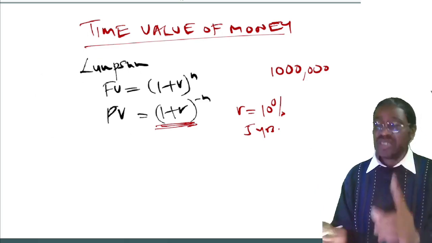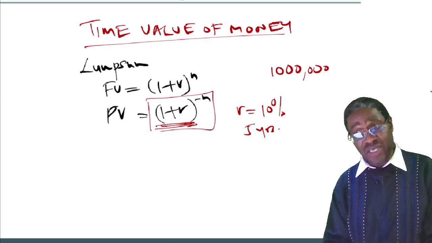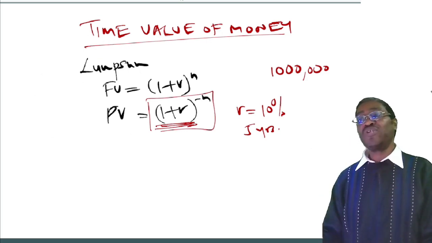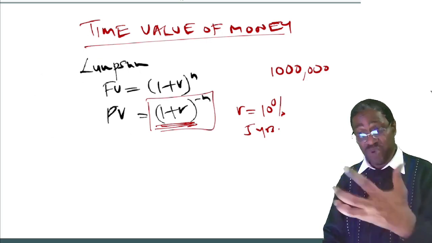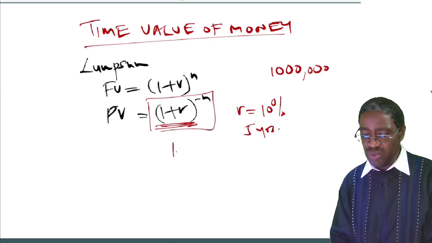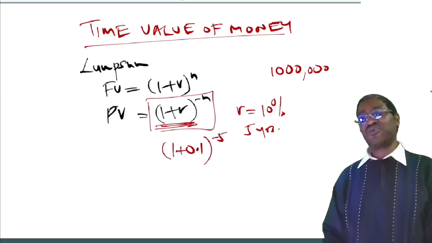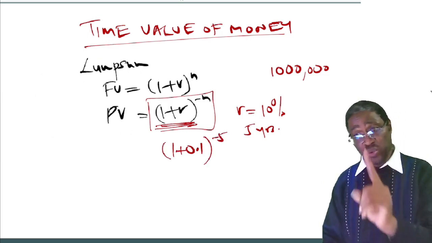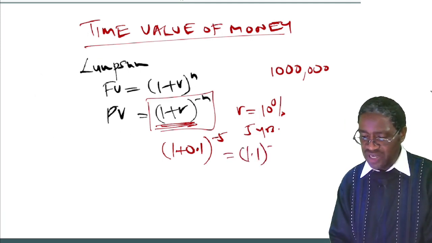So you can use this formula to get the discounting factor, or you can use the time value of money tables. Sometimes they give you the tables. If you use the formula, it will be 1 plus r, where r is 10%, to the power of negative 5, which becomes 1.1 to the power of negative 5.